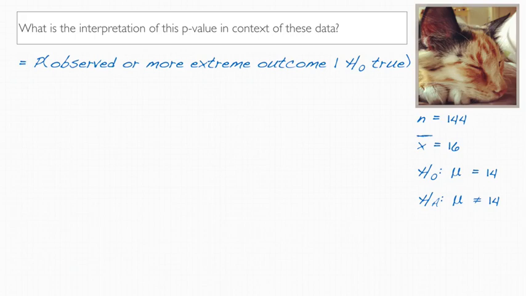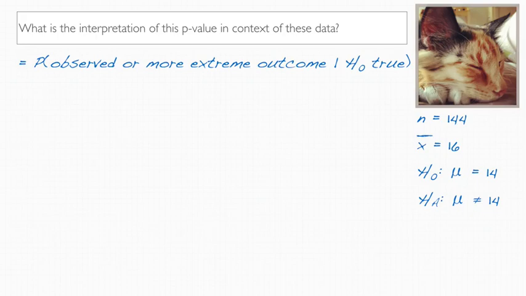First, let's focus on what we mean by observed. The observed outcome is X bar of 16 hours per day. So the observed outcome is cats sleeping on average 16 hours per day from a random sample of 144 cats.